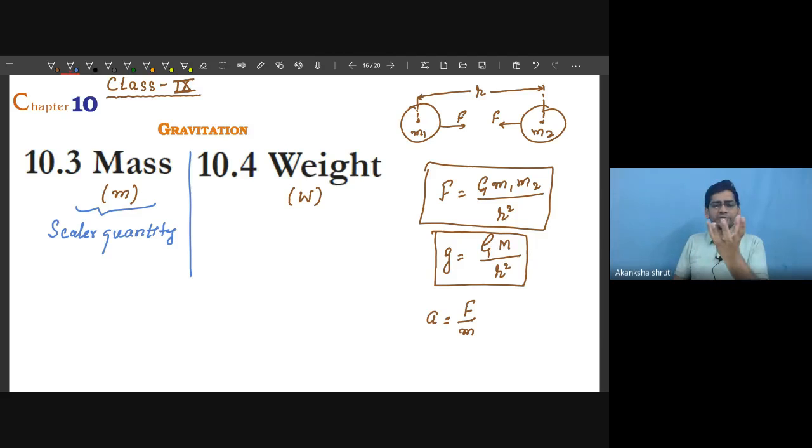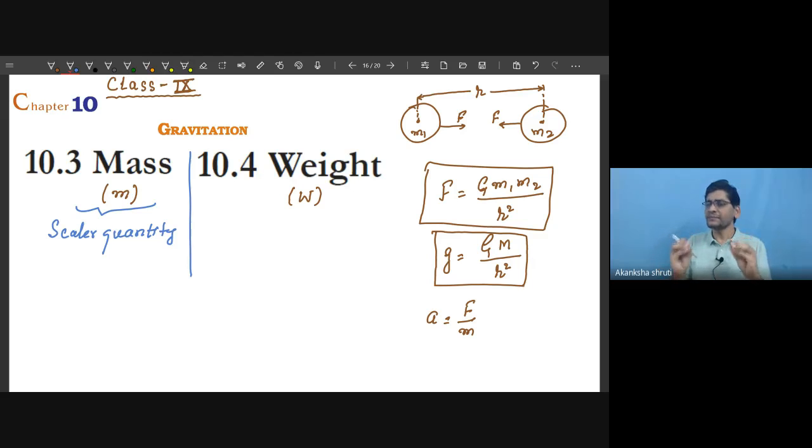But of the same size, if you are taking the iron ball, then you will get, oh, it is quite heavier. Then what we say, the mass of the cricket ball and the mass of the iron ball are different because the matter is different.